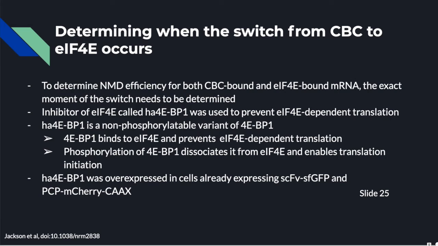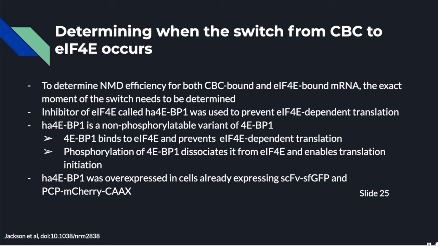Another thing they looked at was the efficiency of NMD while mRNA is bound to either CBC or EF4E. To do this, the authors needed to determine the exact moment the switch from CBC to EF4E occurred. They used an inhibitor of EF4E called HA4EBP1 in order to inhibit EF4E dependent translation.